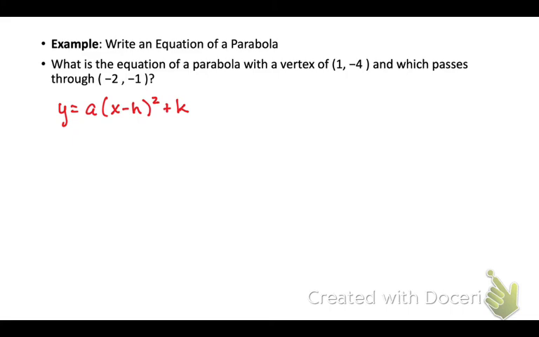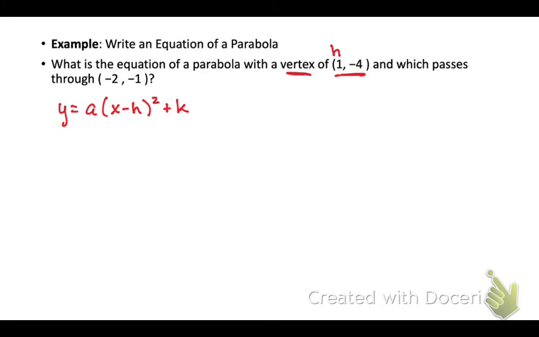Okay, so it tells me the vertex. So this is the vertex. So 1 is what variable? H, K, X, or Y? H, because it's the vertex. If it is the vertex, this is an H. What's -4?